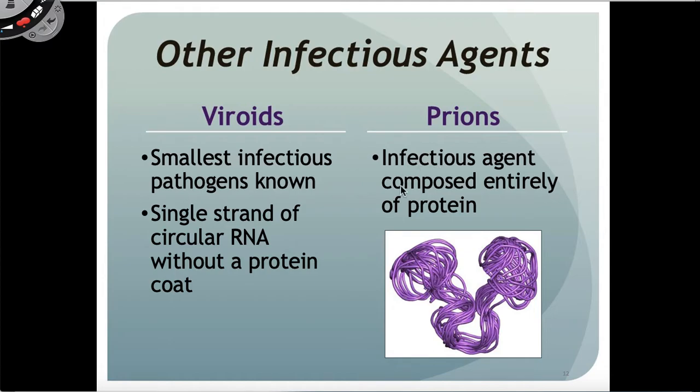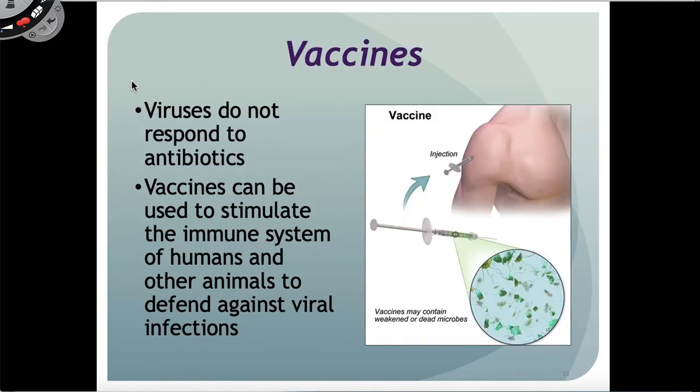These two types of infectious agents have really captured scientists because it's really interesting studying how these types of pathogens, not having the usual characteristics and composition, can actually become infectious and pathogenic.